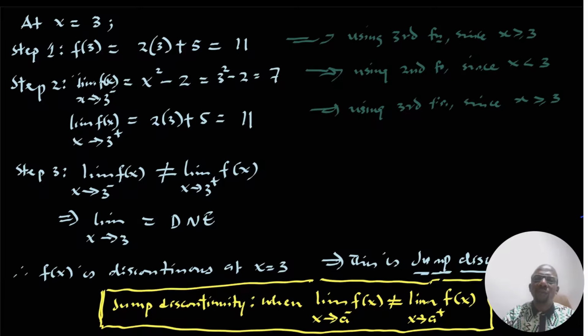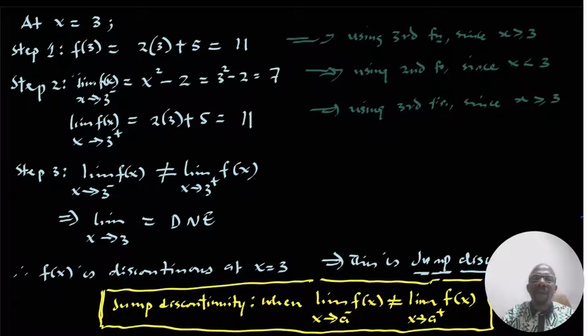Using the same way we did for x equal to 2, we find that the limit as x approaches 3 does not exist, because you can see in step 2, the limit of f of x as x approaches 3 from the left side. Make sure you study how we actually use the particular functions from the f of x representation.